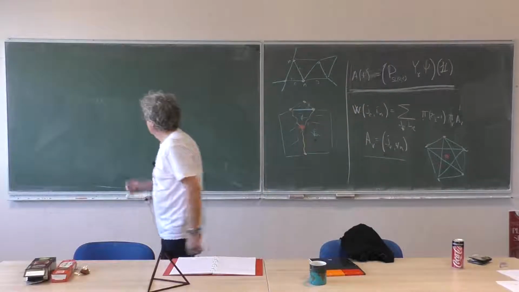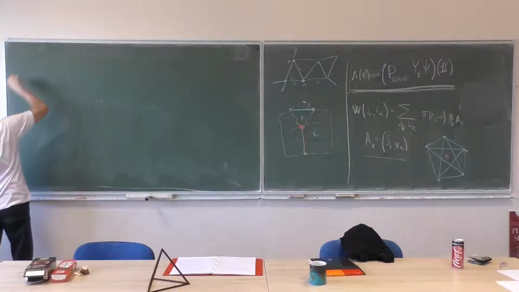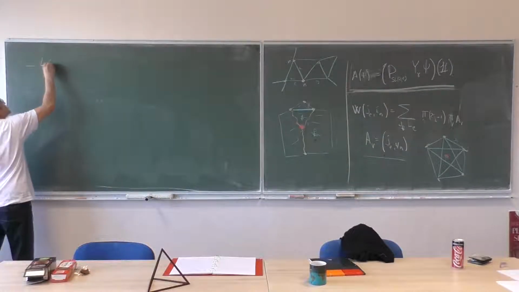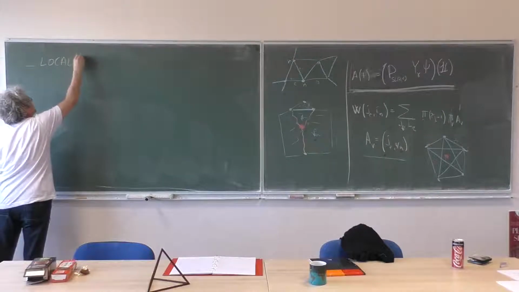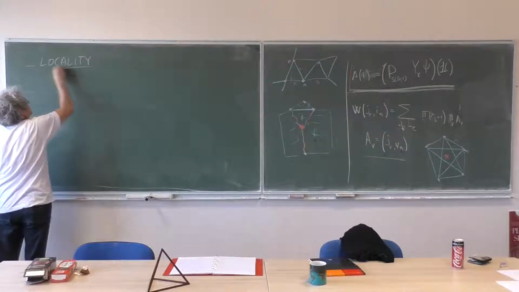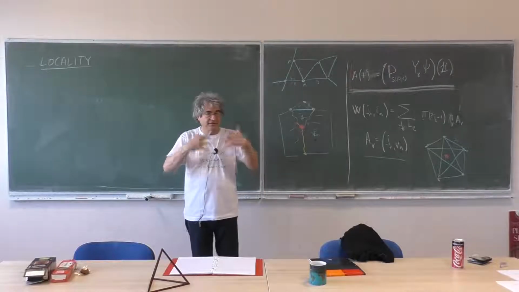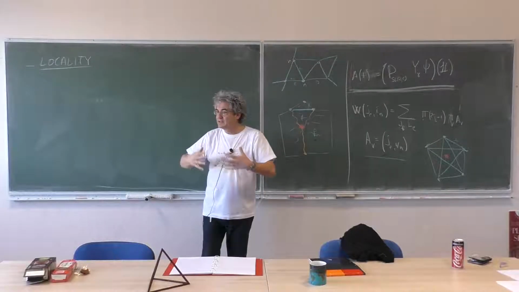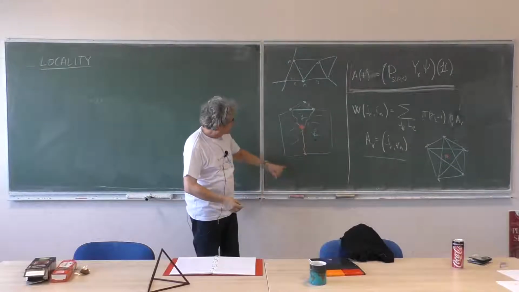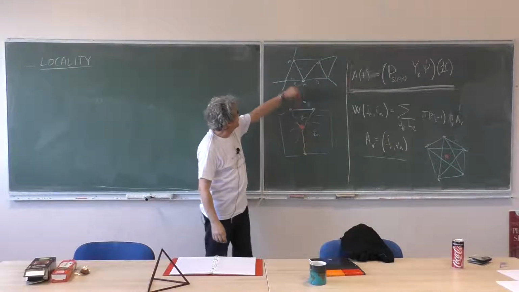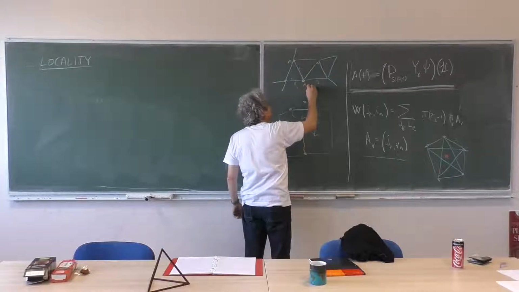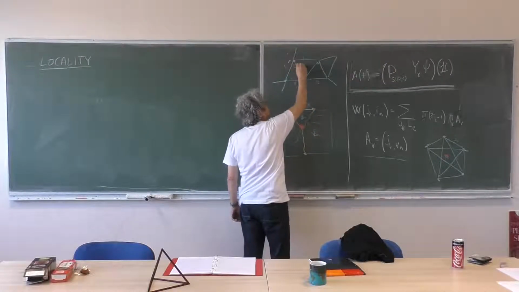First of all, there is a sense in which there is locality. Remember, these fields don't live in a given space-time, but this is a quantum of space. This is a blob, which is a minimal piece of space.